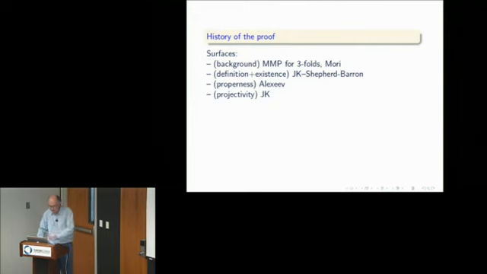Sorry, before I explain that, maybe I want to say something about the history of the proof. So for surfaces, the background is that we need the existence of canonical models, which is essentially the same as the minimal model program for threefolds. This was done by Mori. Then the definition and the proof of existence of these moduli spaces is in a paper of myself and Shepherd-Barron.